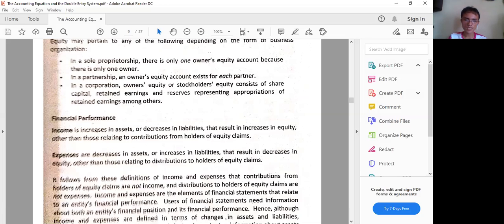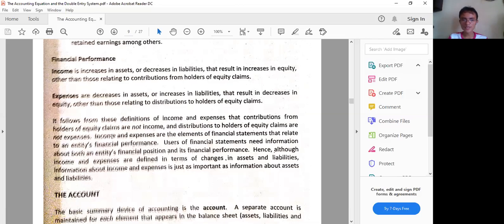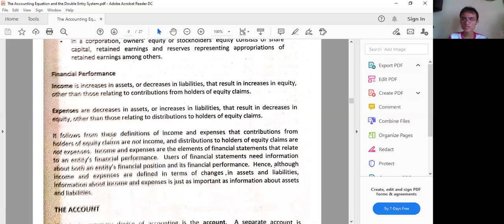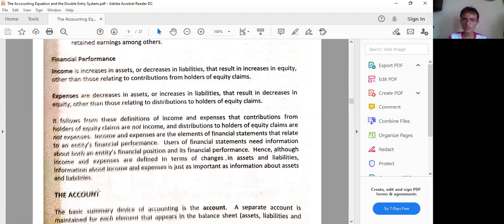Okay, that's for equity. Now, those are the financial position items. Then these are the financial performance accounting elements: income and expenses, which are the gross inflow of economic benefits and the gross outflow of economic benefits. The difference of the two would be the result of operations, which could be profit or loss.